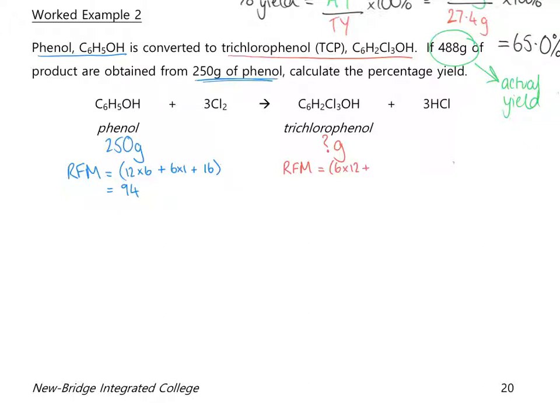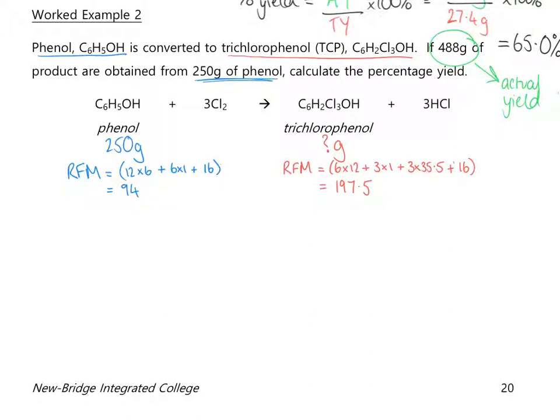I have 3 hydrogens in total, so that's 3 times 1. I have 3 chlorines, so it's going to be 3 times 35.5. And I have 1 oxygen, so it's just going to be plus 16. If you put that into your calculator, it should come out as 197.5 as your RFM.